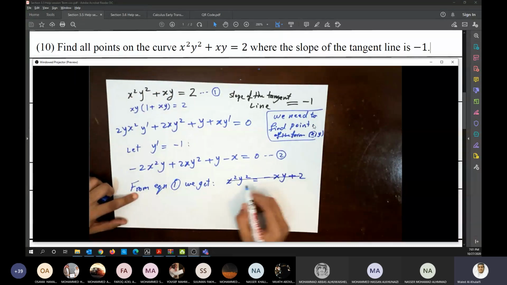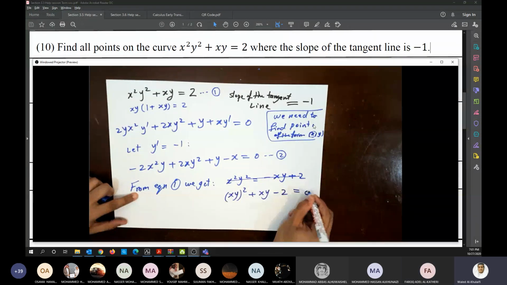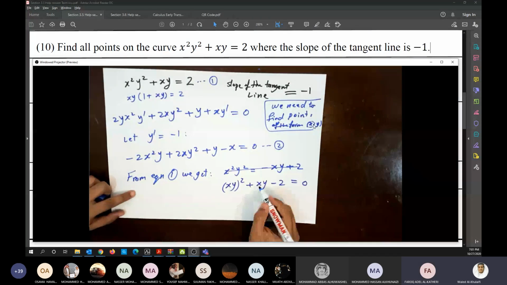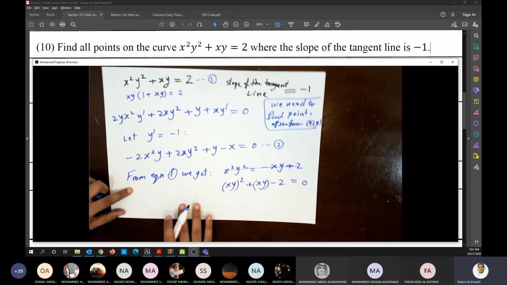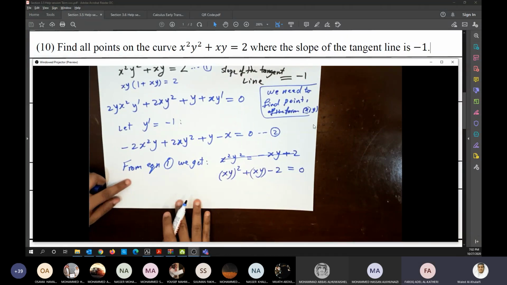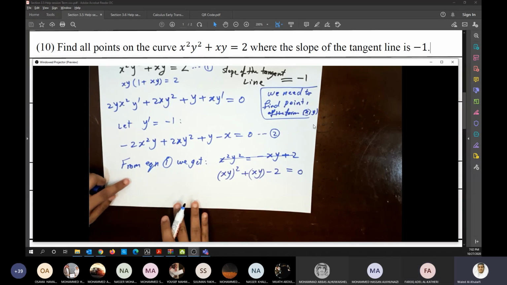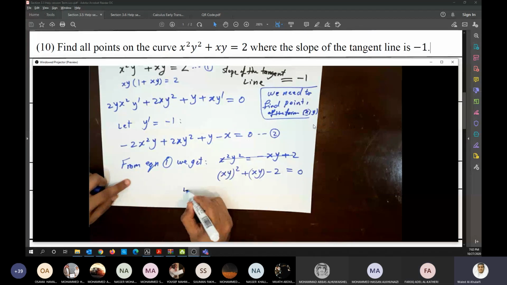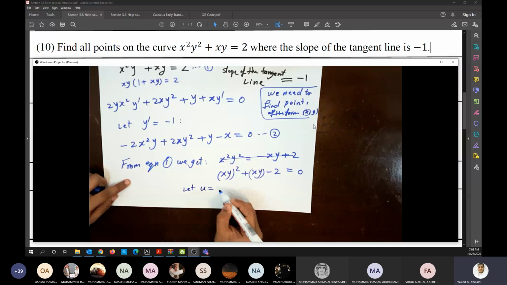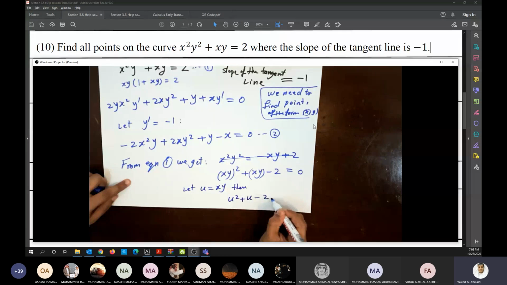Okay? So let me just show it to you. This is a quadratic formula, minus 2 equal to 0. Quadratic, yes. So what you will do, you can say this. Let u equal xy, then you have u squared plus u minus 2 equal to 0.